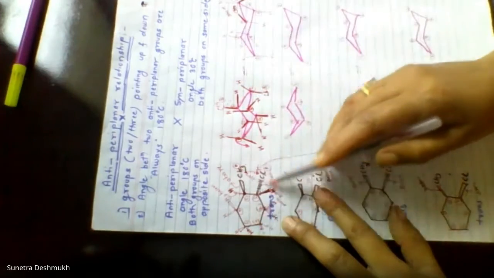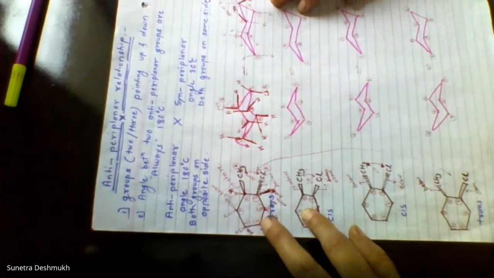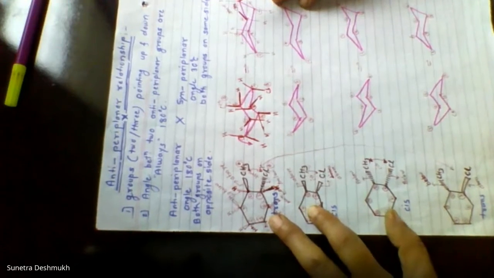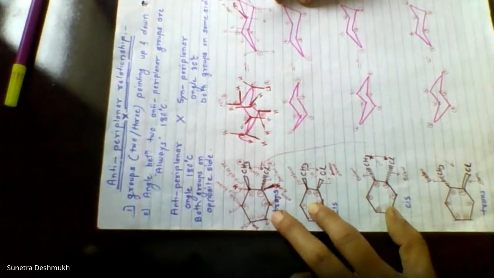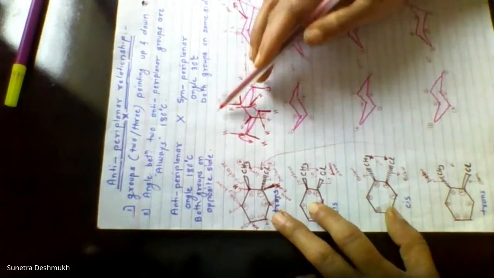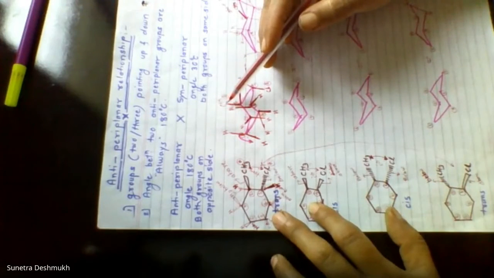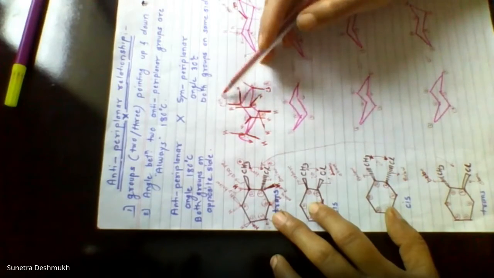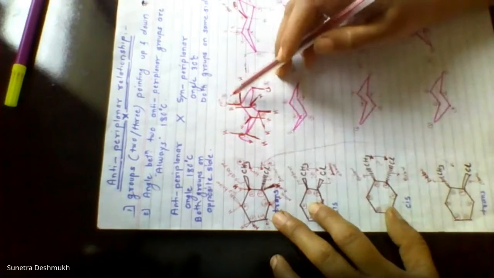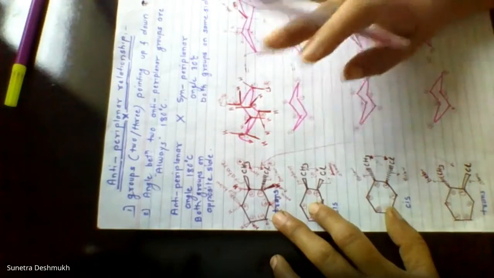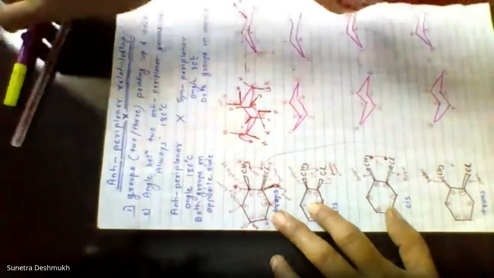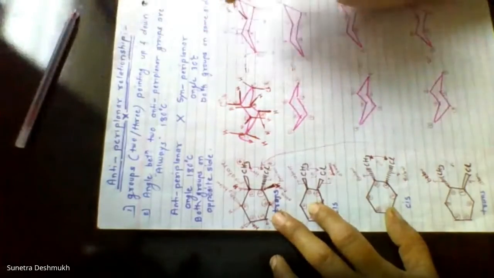Okay, so now this is the scene of whatever you got, your flat conformer of 1-chloro-2-methylcyclohexane system. Be particular that you should properly draw this one, all four, five, six times. You have to check whether what you have drawn is proper or not.